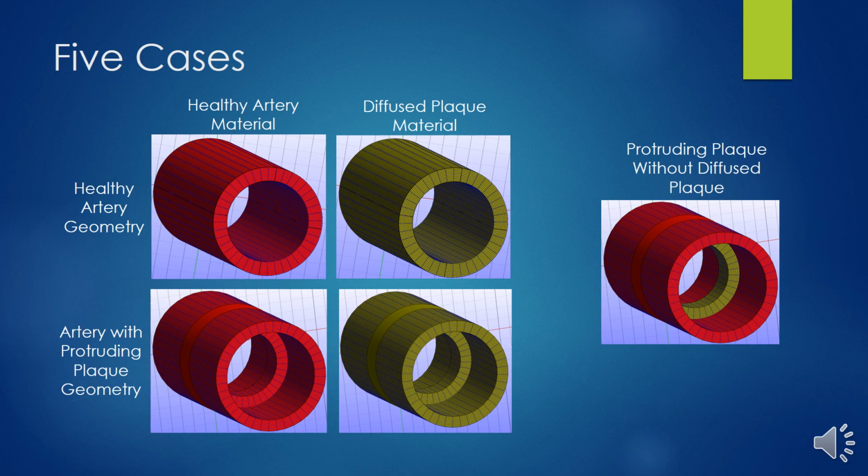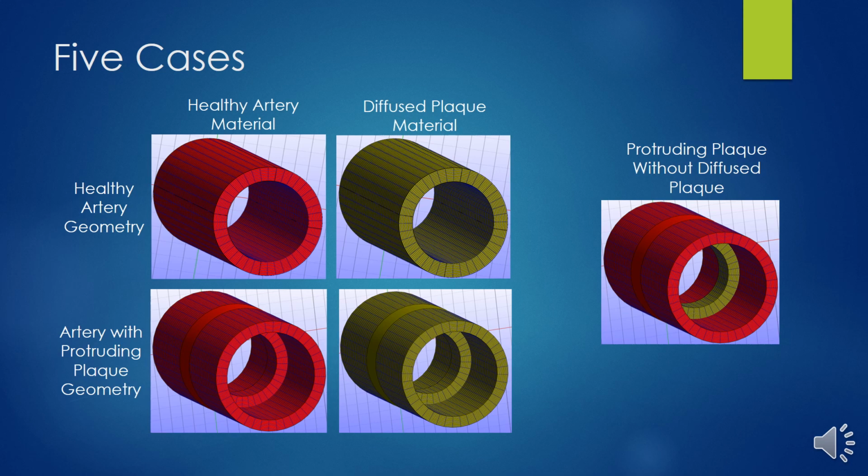The top two models represent cases where protrusion from plaque is not present, so only the artery geometry was created. The right two models use the plaque elastic modulus and hyperelasticity constants for the Mooney-Rivlin strain energy equation, as opposed to the values for a healthy coronary artery. These cases represent the diffuse geometry type presented in the Marino and Baganagar study.